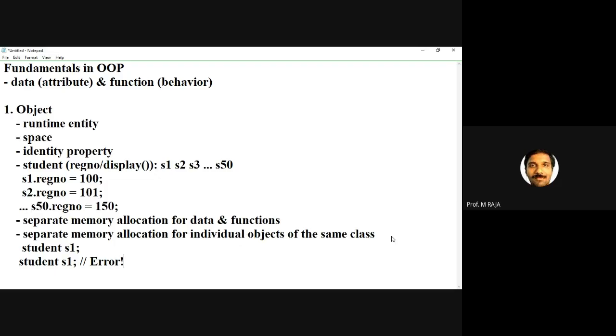Why? An object should satisfy the identity property. The names of individual objects must be completely distinct.